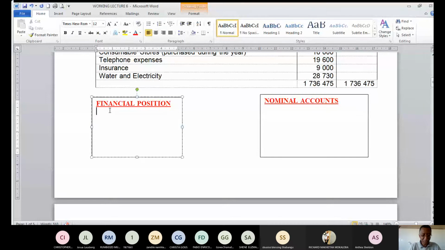In the statement of financial position, I will now have inventory. My closing inventory I will now have as 185,000 Rand. And I will also have a new account called the inventory of consumable stores, which is now 8,300 Rand.